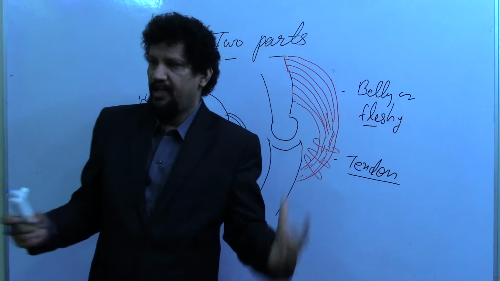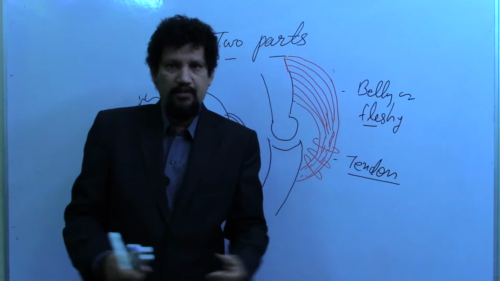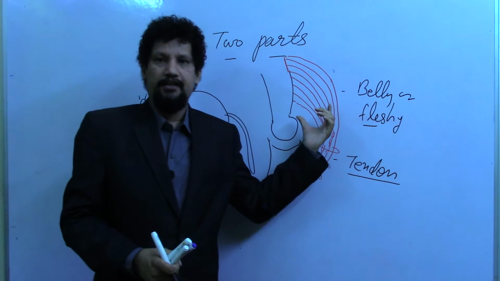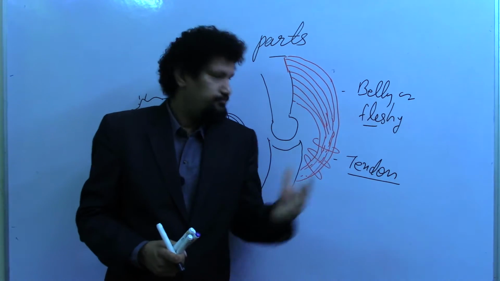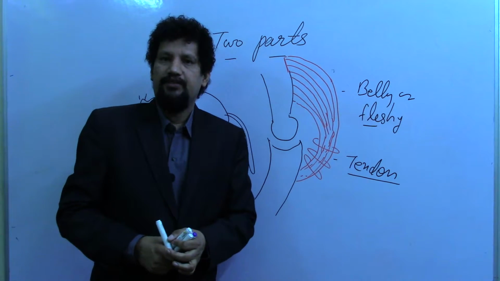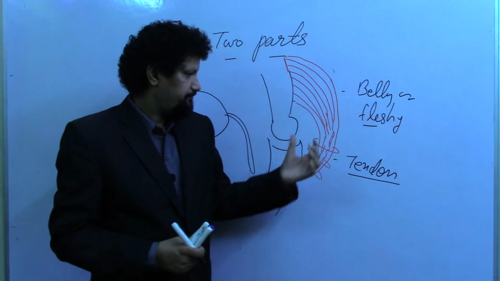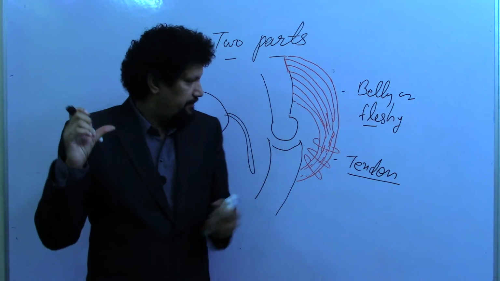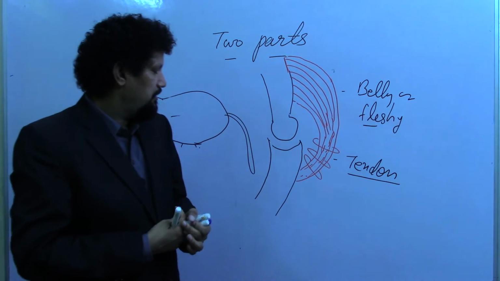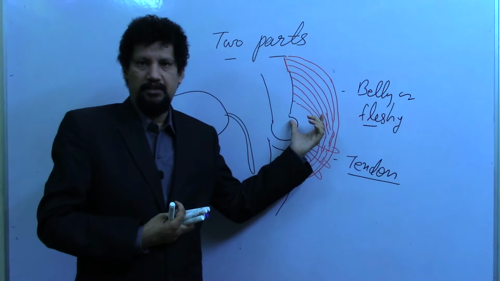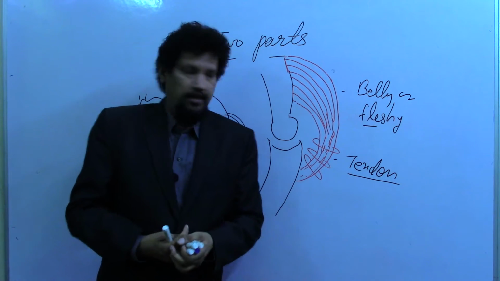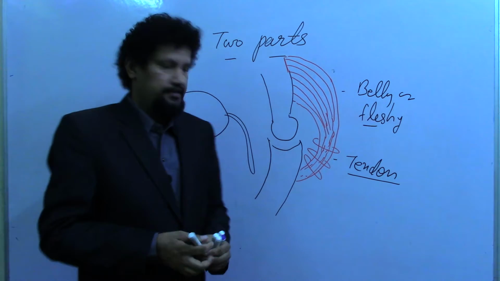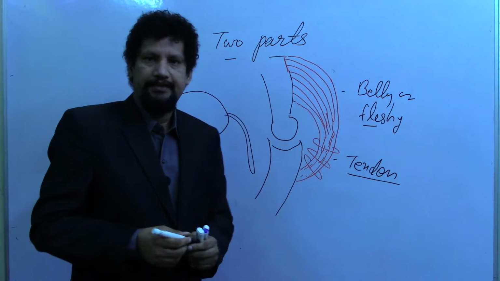But the tendon, always remember, tendon is not a muscle. This part can contract, but this part can't withstand the friction and pressure. So to transfer the contraction and pressure of the muscle to the other part of the joint is carried by the tendon.